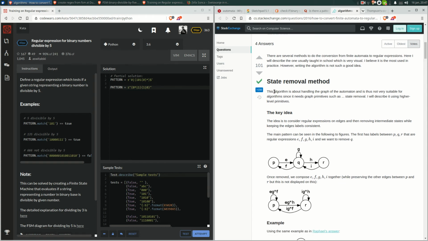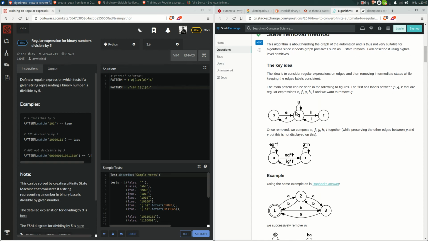State removal method. This algorithm is about handling the graph of the automaton and is thus not very suitable for algorithms since it needs graph primitives such as state removal. I will describe it using higher level primitives. The key idea is to consider regular expressions on edges and then removing intermediate states while keeping the edge labels consistent. The main pattern can be seen in the following two figures.